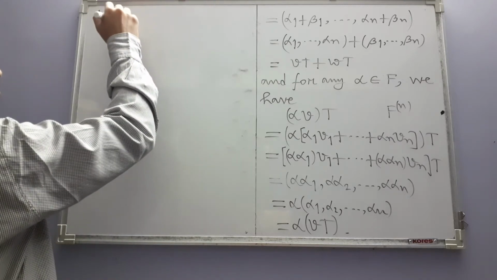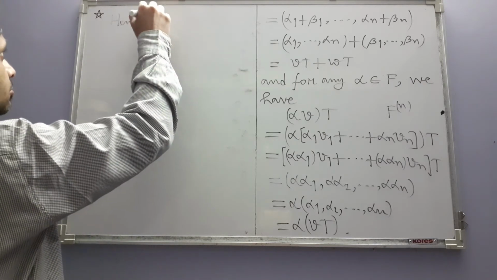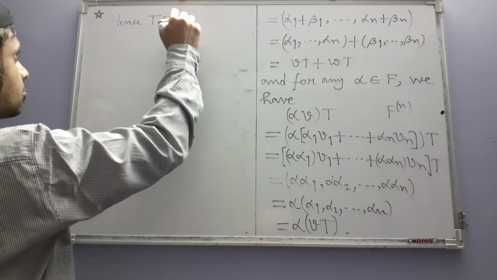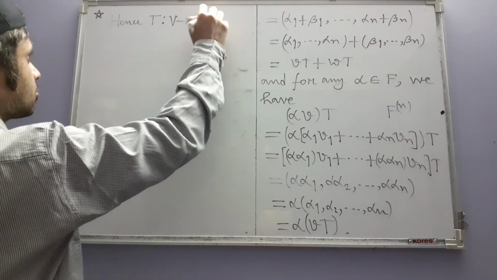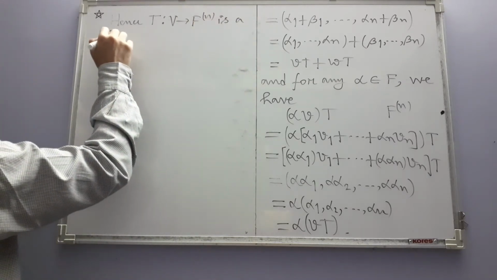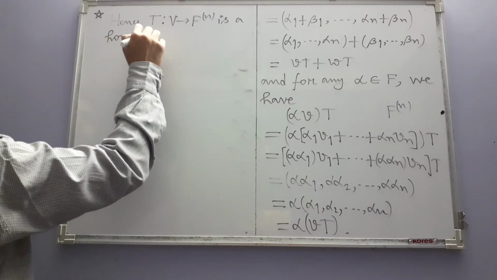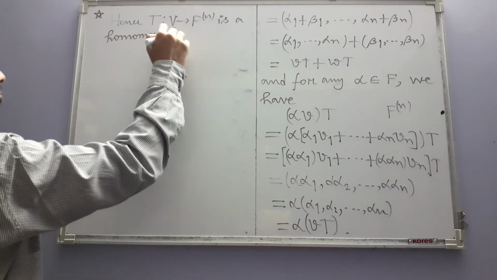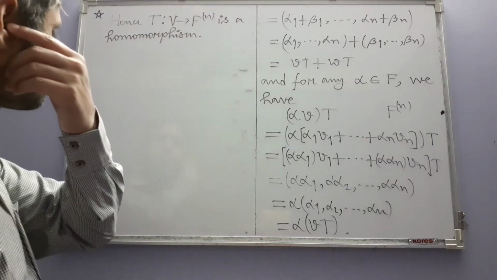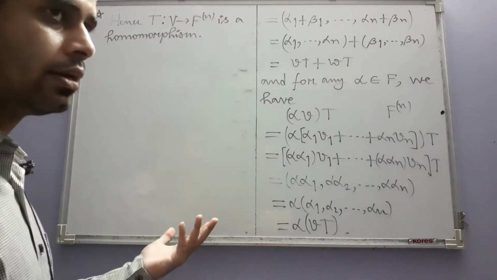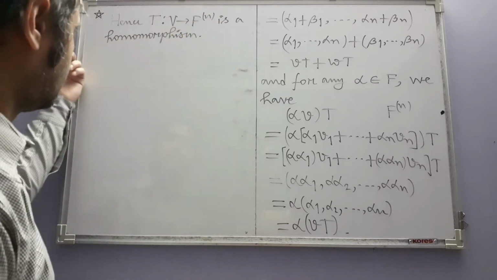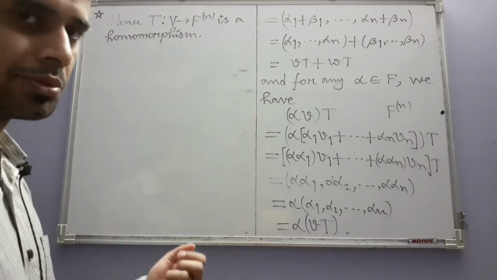Hence T is a homomorphism. Because we are primarily dealing with vector spaces here, there is no need to additionally write vector space homomorphism.